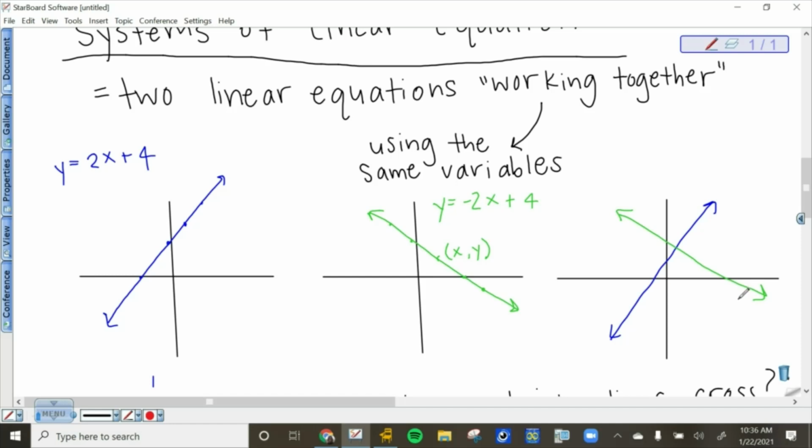So our solution to a system of equations is going to be the point where the lines intersect. Solution is the intersection.